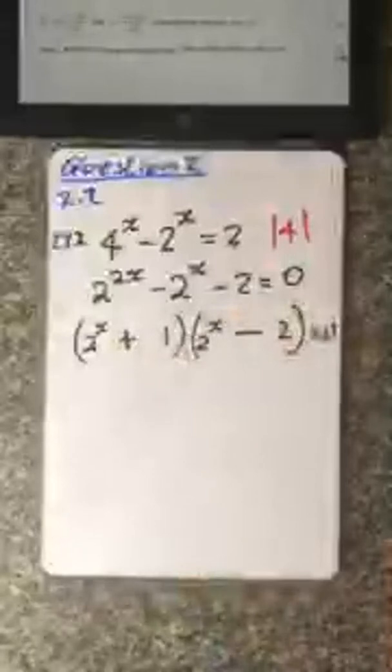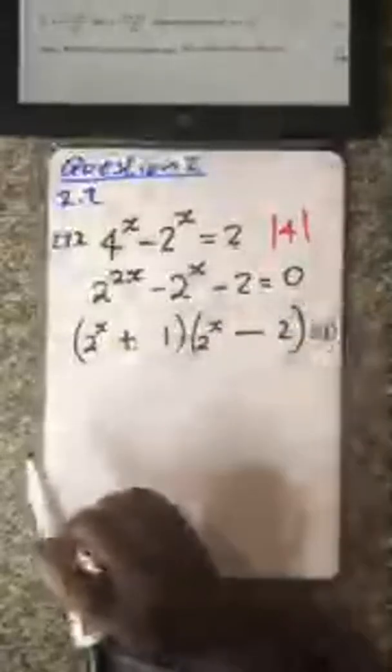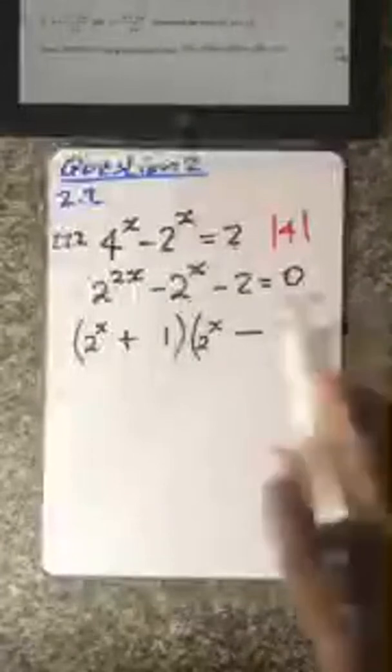Very important, guys. Let's see if we have a positive 1 there. So that means this is a positive 1, this is a negative 2. Can we use those signs to check if we will find that middle value, negative 2 to the exponent x?